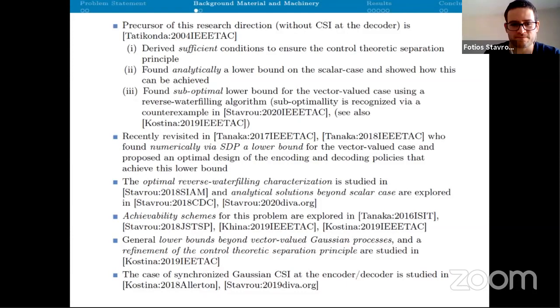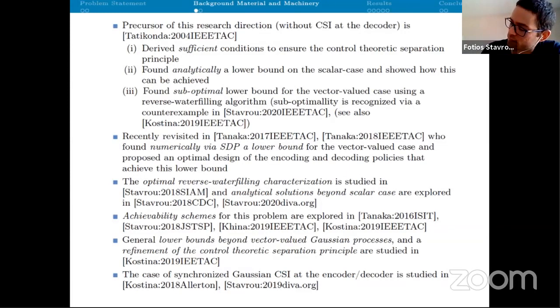The optimal reverse water-filling characterization was studied by Stavrou and his co-authors in 2018, and analytical solutions beyond the scalar case are explored by the same authors. Achievability schemes for this problem are studied by a number of researchers.